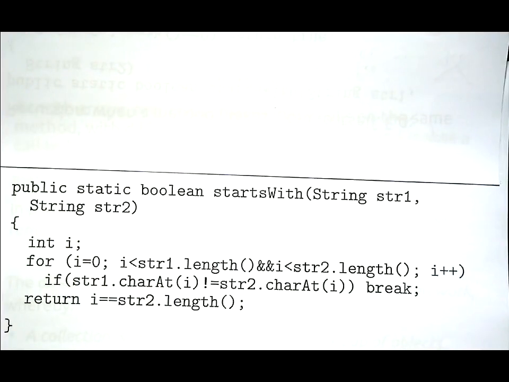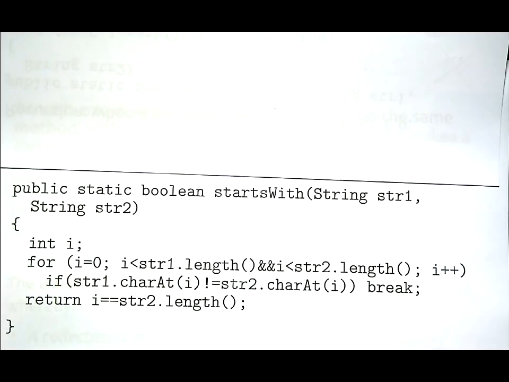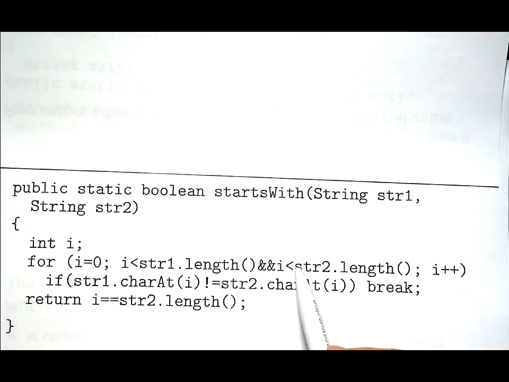On the other hand, if we had an iterative solution, we can have a for loop that goes through the two strings, string 1 and string 2, before they finish. So as long as we don't hit the end of the strings, you go in this loop until you find the character where they differ.